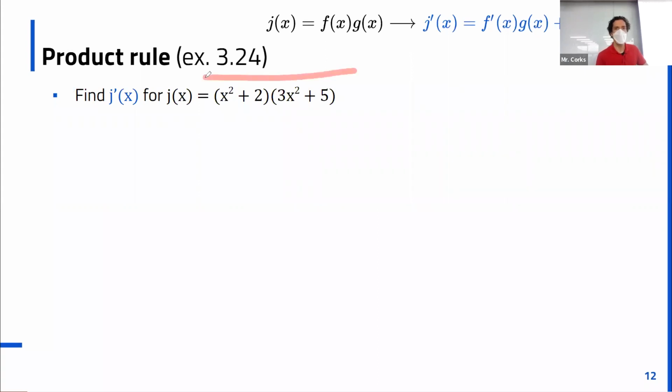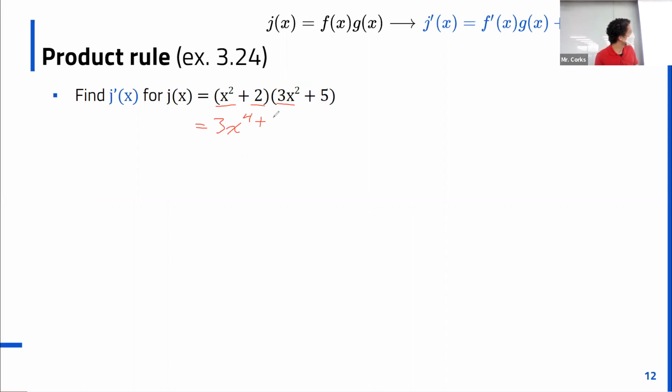So let's say we have something like this. From the derivative tools we know so far, we can't directly find the derivative of this. So one of the ways we could do this is to just expand the brackets. If we expand these brackets, we have x squared times 3x squared, so 3x to the exponent 4, and then 2 times 3x squared, x squared times 5 here.